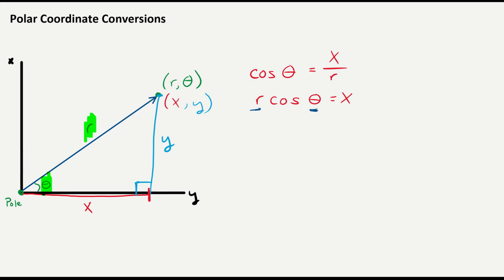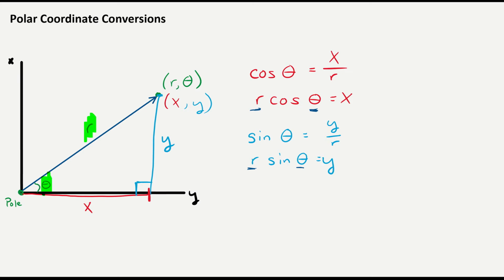And when it comes to finding y, it's very similar. Sine theta is equal to opposite over hypotenuse. So that means r sine theta equals y. And once again, I am given r and theta, so I can use that to convert and find my y value.